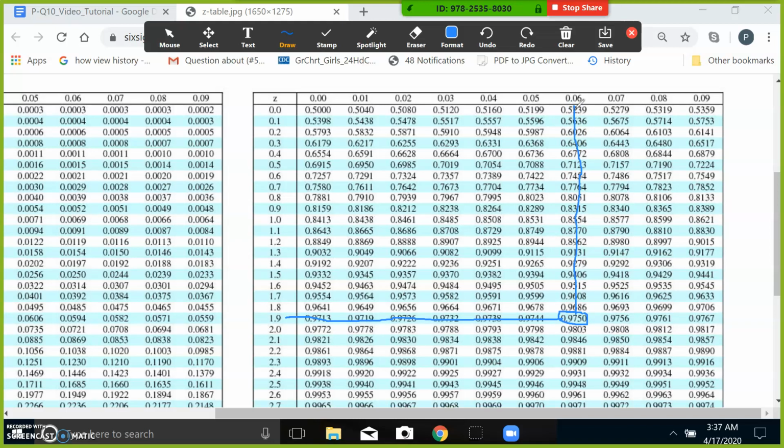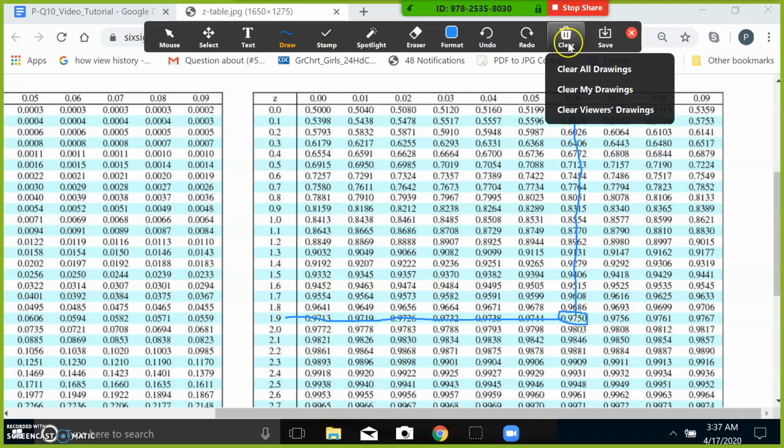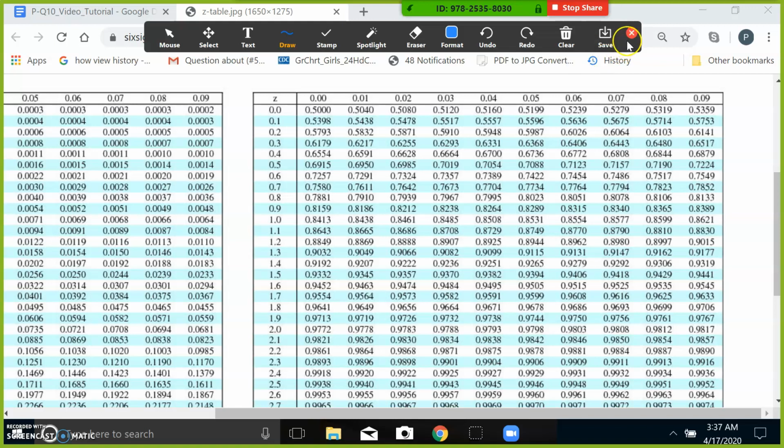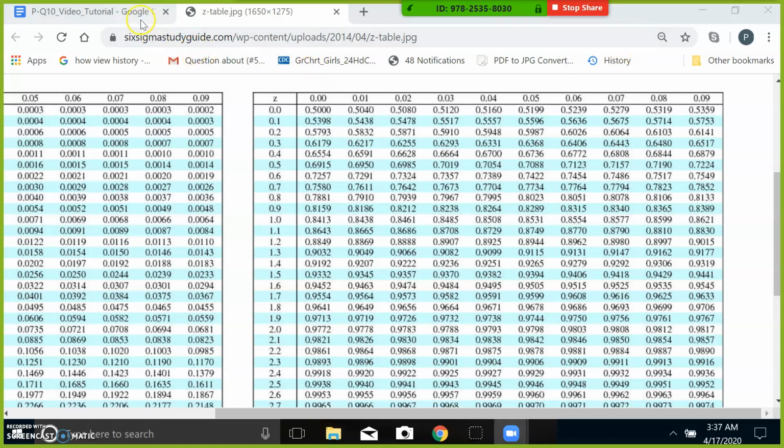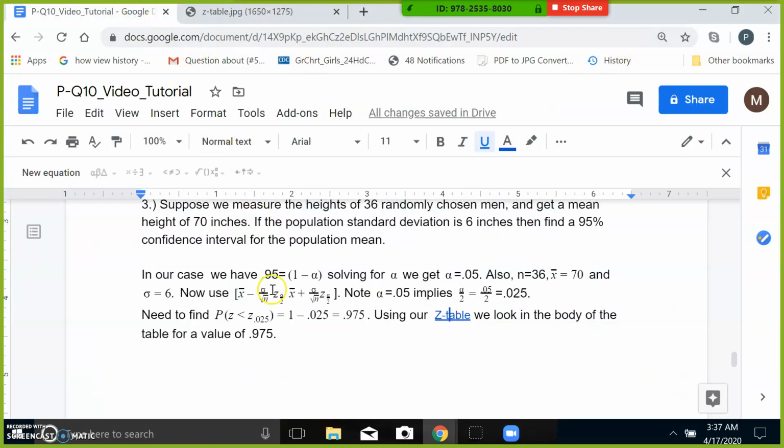So 1.96 will be our number. Hence z of 0.025 is 1.96.